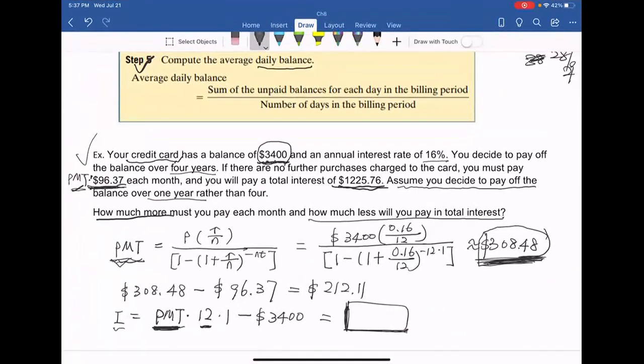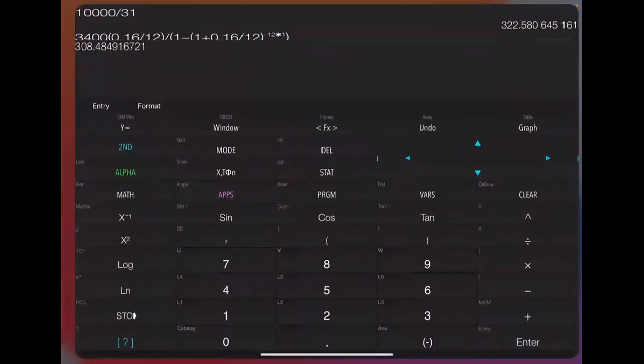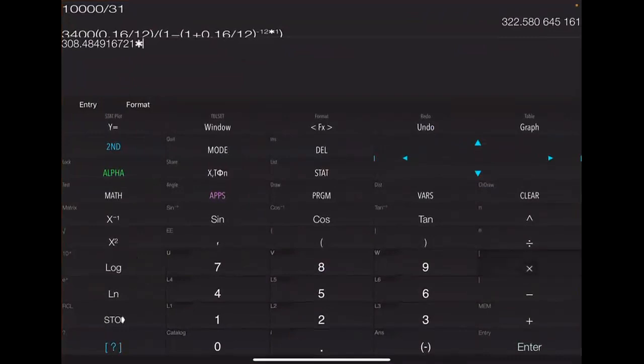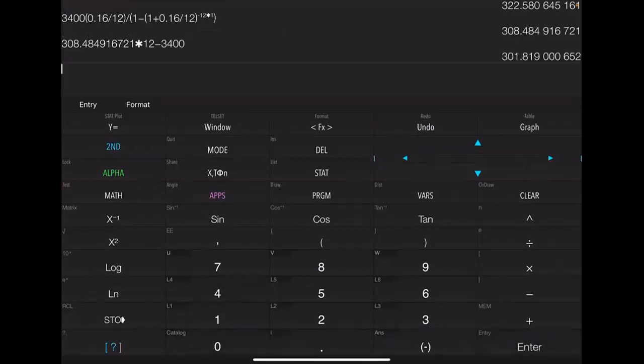It is 308.484916721, this amount of money, and then times 12, subtract 3400, enter the answer.